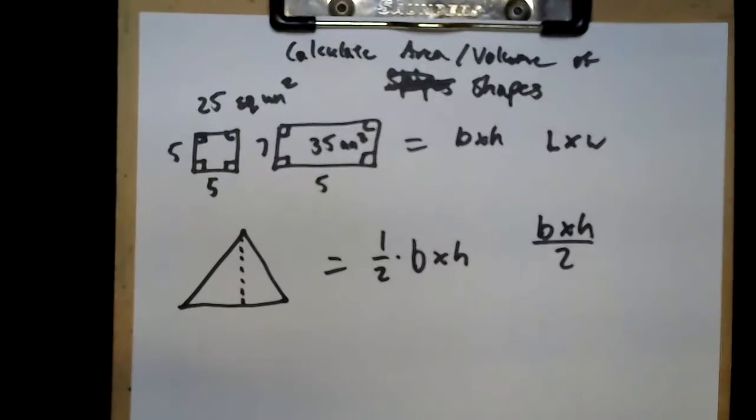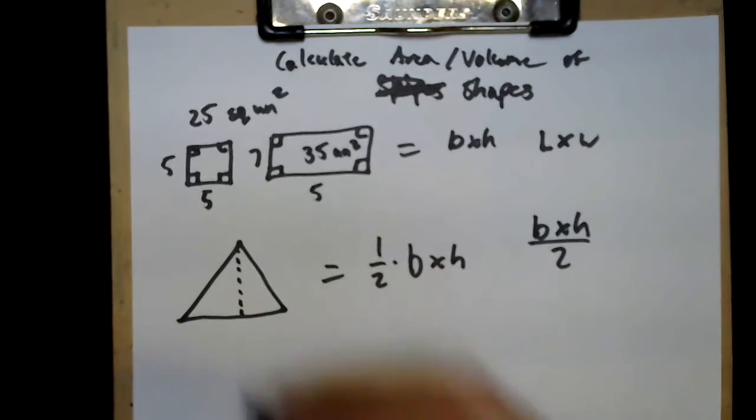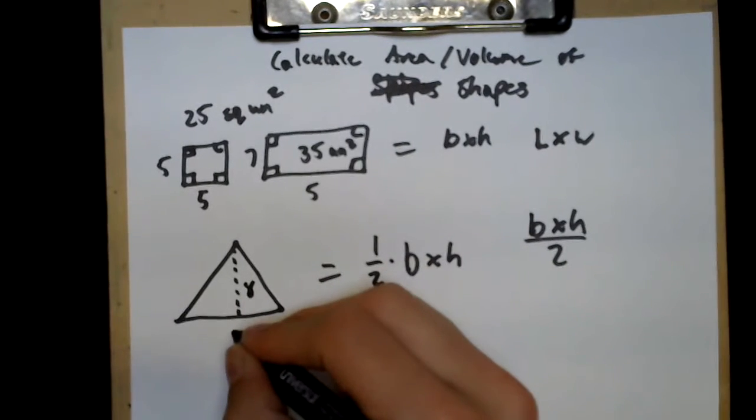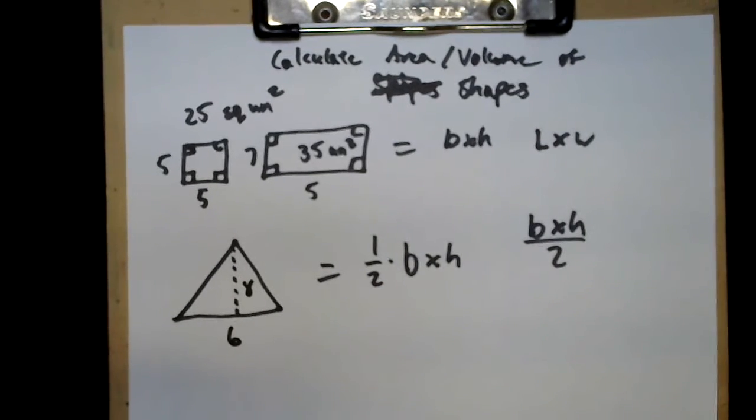So, given that the height is, we'll say 8, and the base is 6, calculate the area.